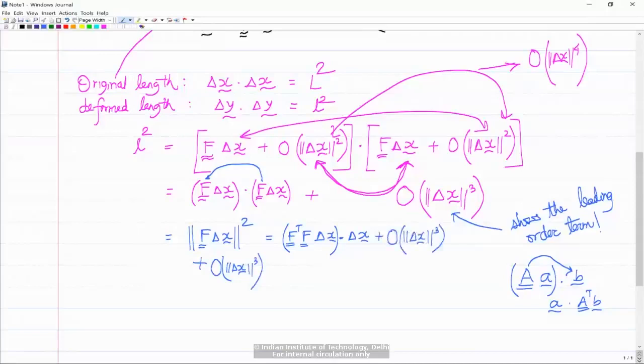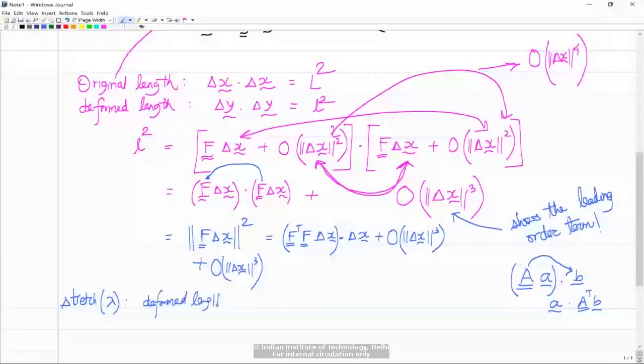All right, so now suppose I denote the stretch by deformed length by original length. Okay, so the stretch, I denote it by lambda, which is deformed length over the original length.